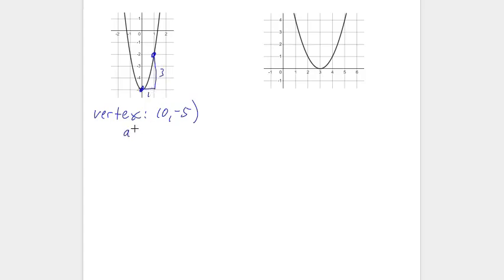So A is going to equal 3. Positive 3 because it's facing upward. So we'll start by writing the vertex form equation of y equals 3 times x minus 0 squared minus 5, since k is negative 5.